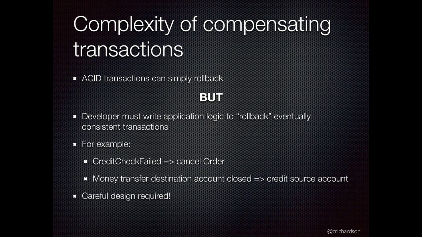Which is actually exactly how banks work. We like to think banks use ACID transactions, but they actually use a model that's much closer to the eventually consistent model I'm describing here.